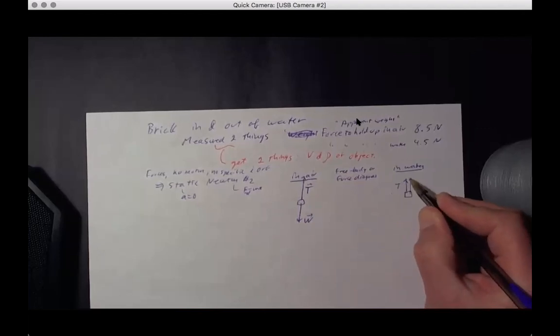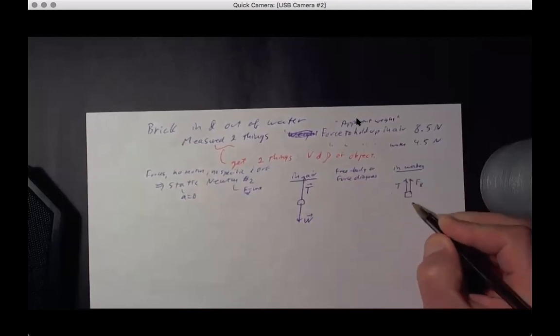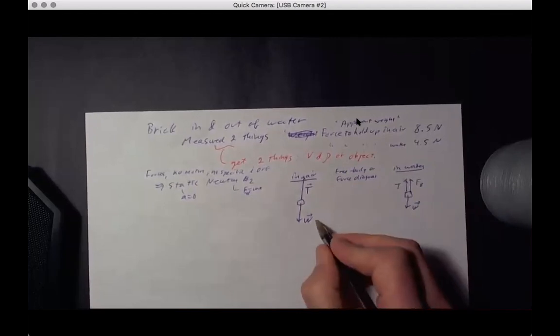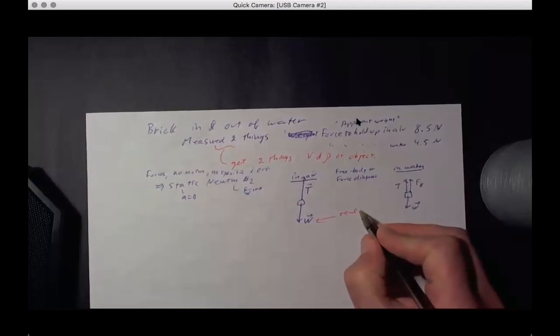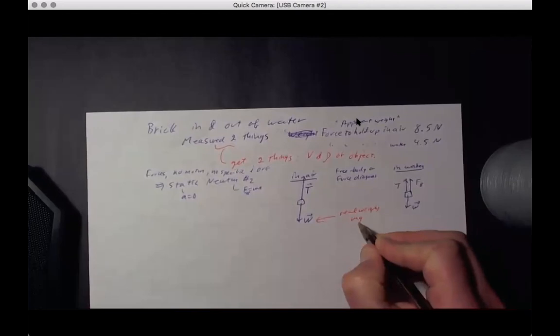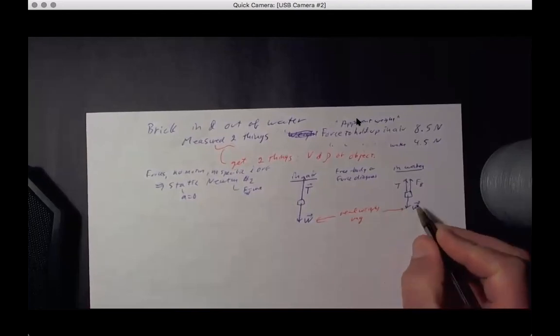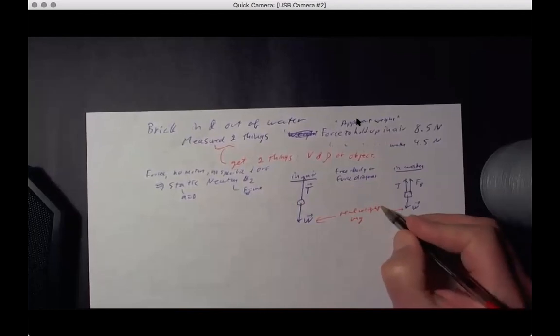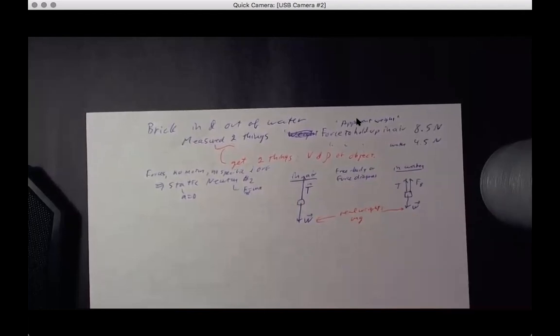We also have the buoyant force going up, and we have the weight going down. Now, these two weights are real weights. mg, mass. It's not apparent, it's the real weight.